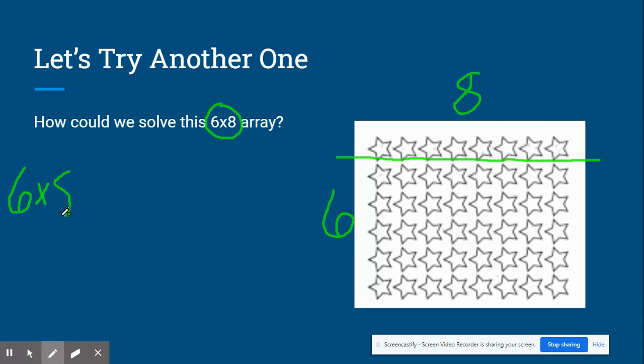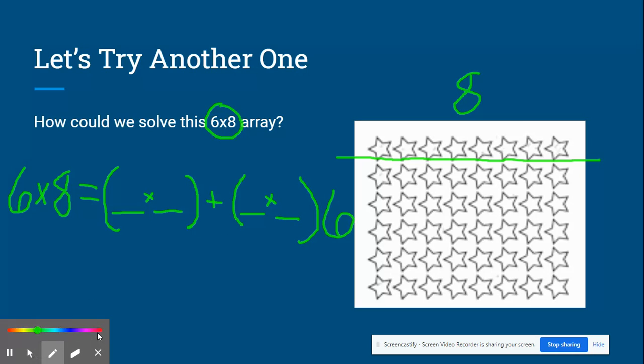So I'd like you to start writing this on your paper. 6 times 8 equals parentheses, blank times blank, parentheses, plus parentheses, blank times blank. I will also help you out by showing you on this one that nothing is changing with the 8.